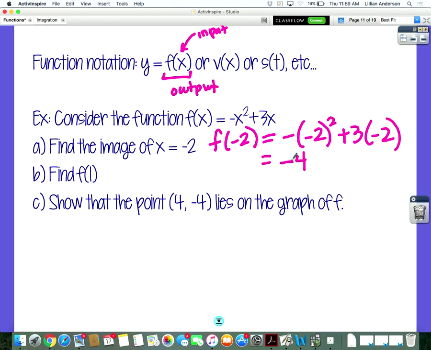So it's actually a -4. And then when we do this out, we'll get what? -10. A -10, because we will multiply 3 and -2 to get a -6. So the image, the y value, when x is -2, is -10.